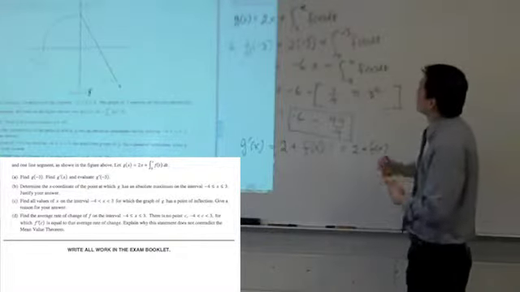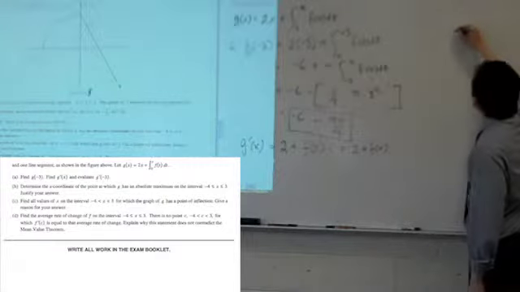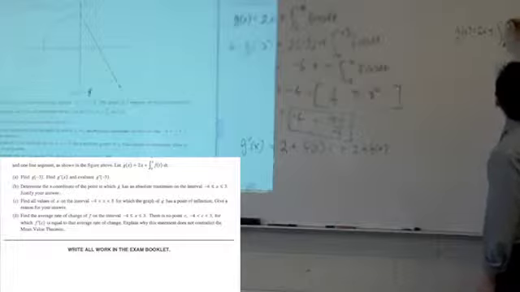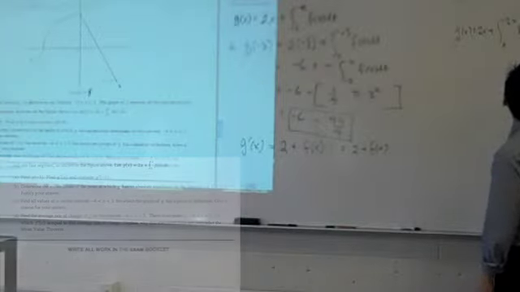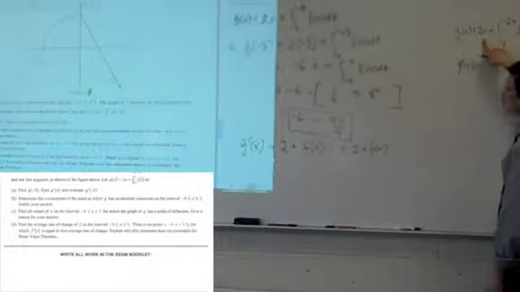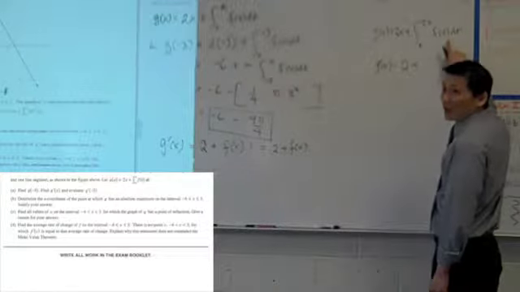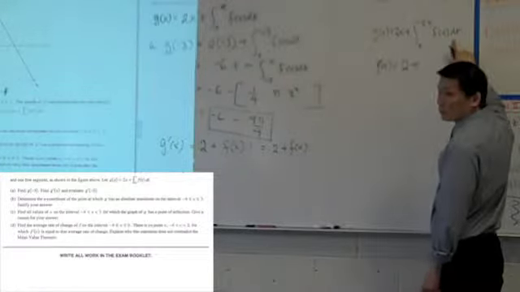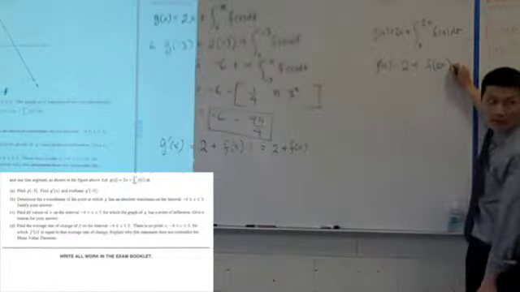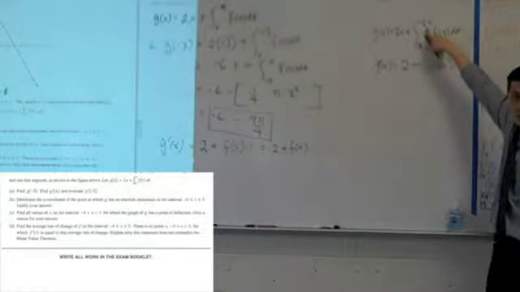Now, I'll give you an exception. Say, for example, g of x is equal to 2x plus the integral from 0 to 2x of f of t dt, and you say, what's g prime? Well, the derivative of 2x is 2. The derivative of the integral of f of t dt will be f of 2x, because you put 2x into the t, times the derivative of 2x, which is 2.